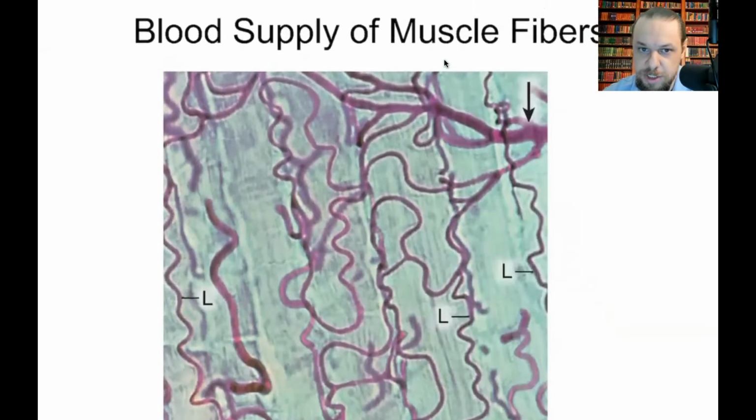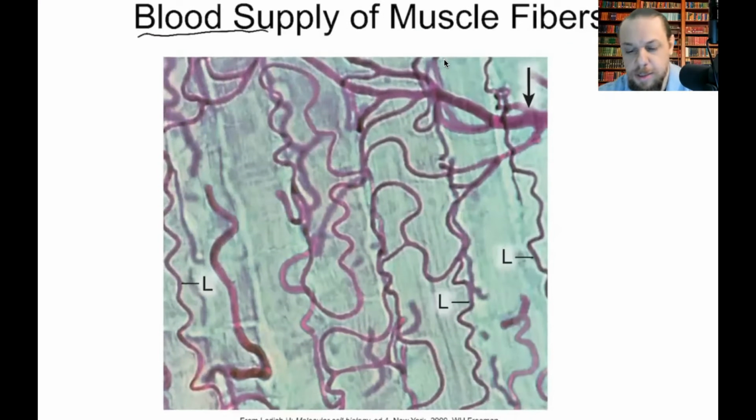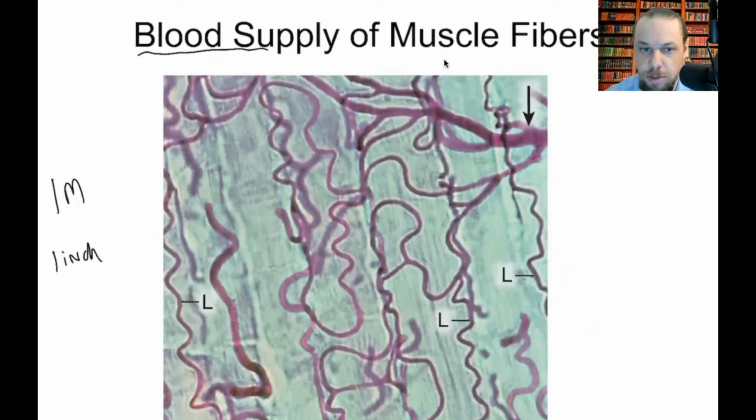Muscles, as you know, are deeply supplied with blood. So here we see the blood supply to the muscle fibers. In the lecture on skin, I talked about when we are performing an intramuscular or IM injection, why is it important to select at least a 1 inch needle, right? It's that you want to penetrate into the muscle. You don't want to be in the fat. Why? Because the muscles have this blood supply, and the blood supply is what essentially is going to propel your medication to go systemically.